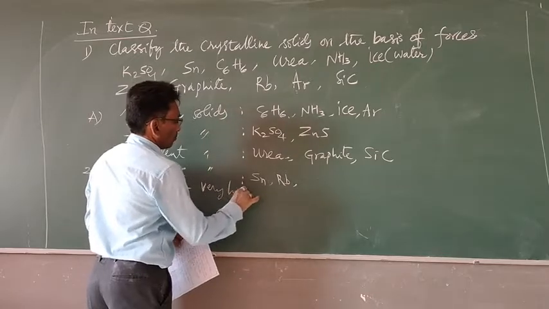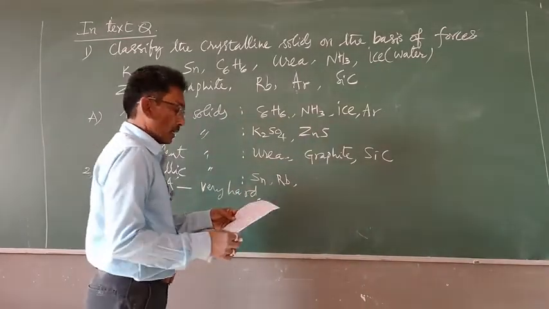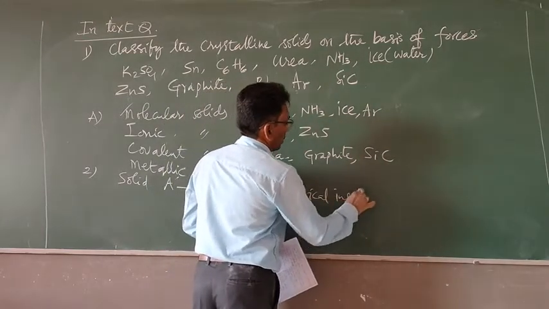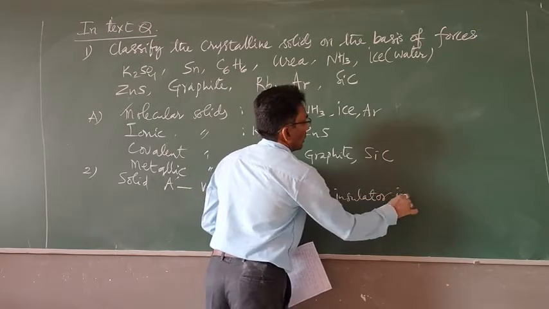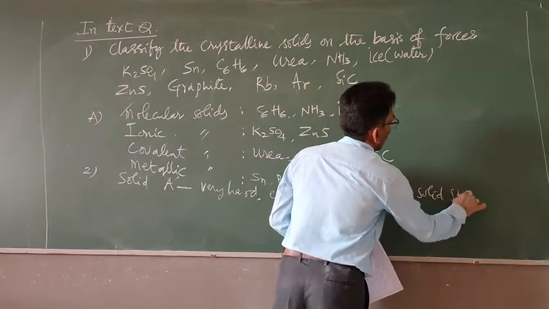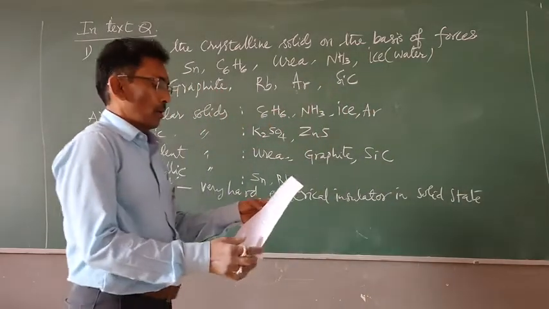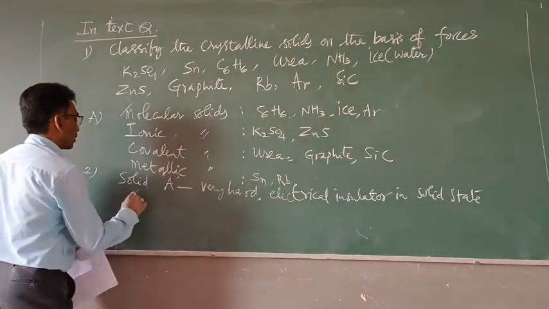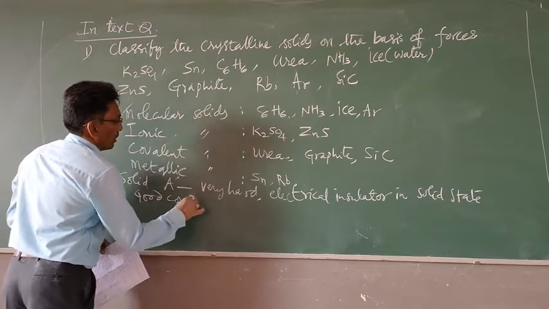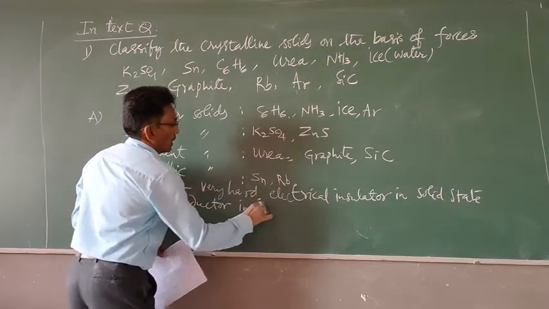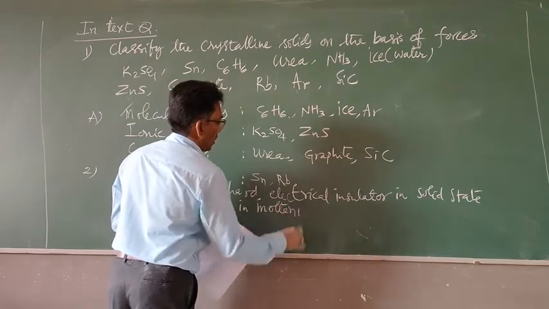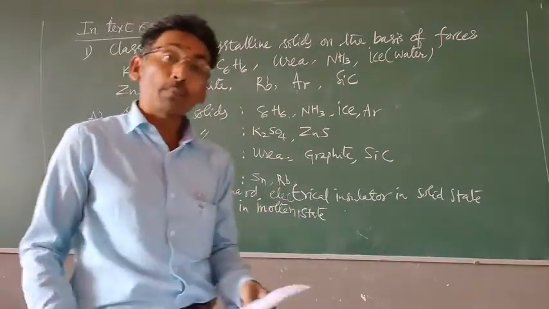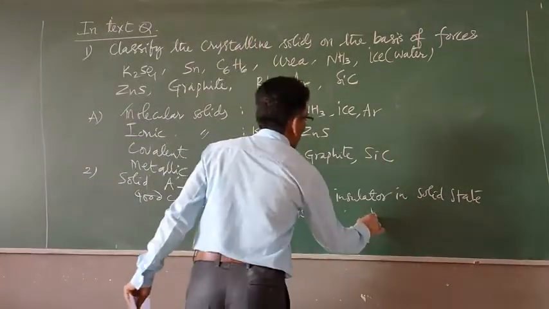It is an electrical insulator in solid state, but a good conductor in molten state at extremely high temperatures. What is the type of solid?